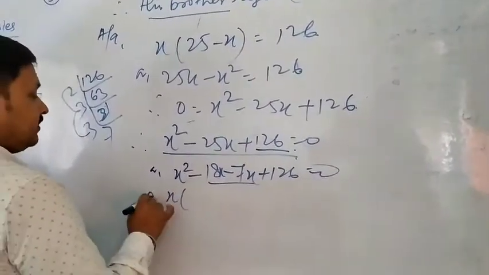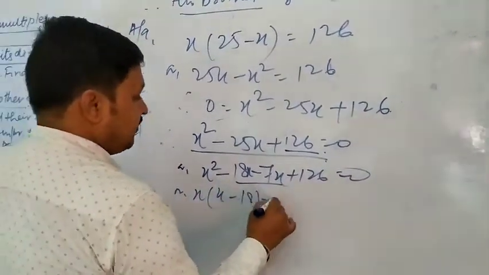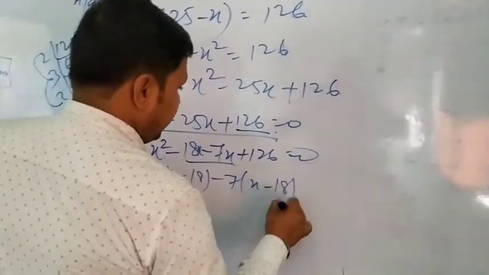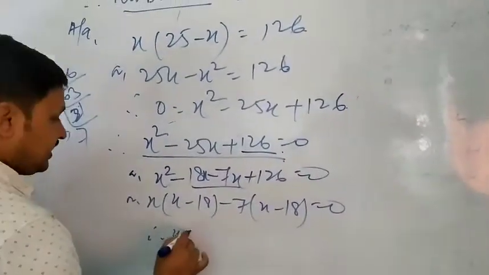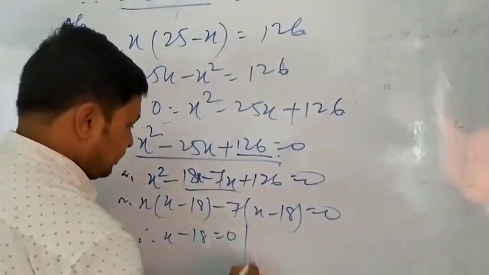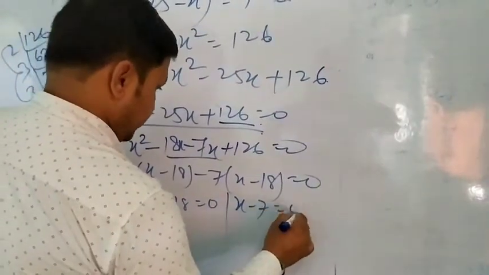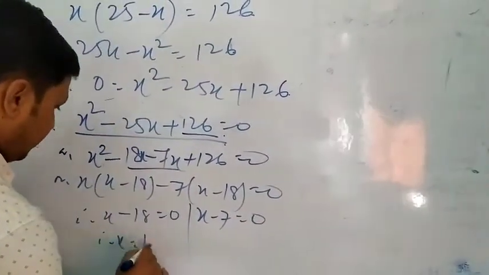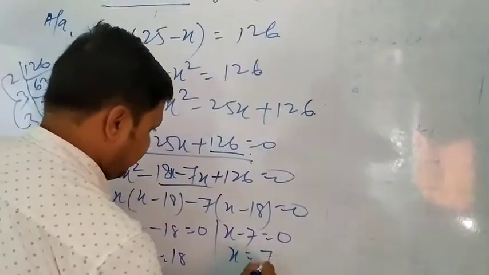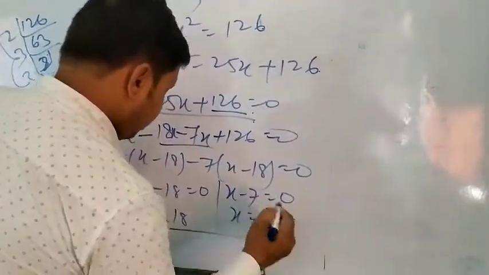So x minus 18 minus 7, x minus 18 equal to 0. So your result is x minus 18 equal to 0, x minus 7 equal to 0. So that x equal to plus 18 and x equal to plus 7.